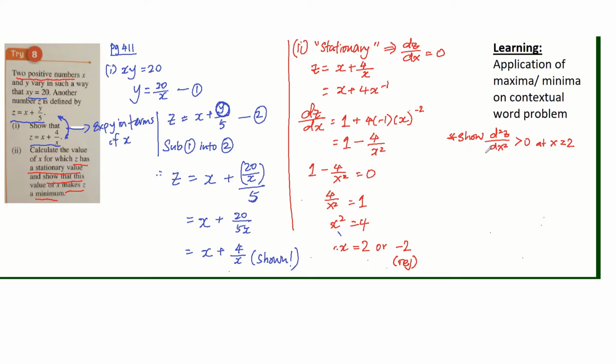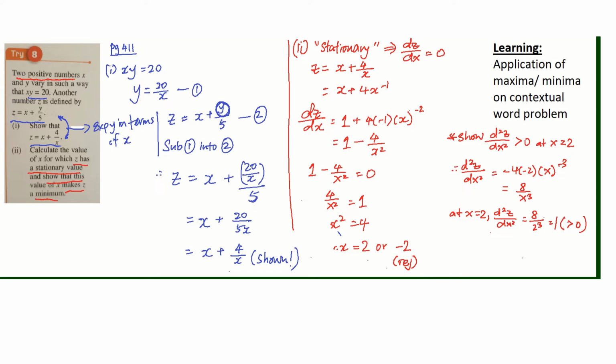I'm going by the second derivative test approach. Therefore, I need to find out what d2z/dx squared is first. In this case, this is equal to minus 4 times negative 2 times x to the power of negative 3, and that should give us 8 over x cubed. So at x equals 2, my d2z/dx squared is simply 8 over 2 cubed, which is equal to 1, and that makes it greater than 0.